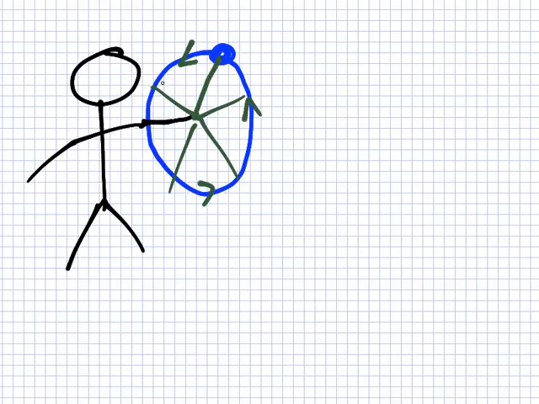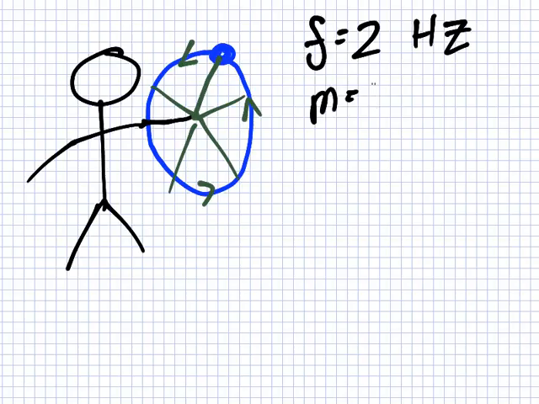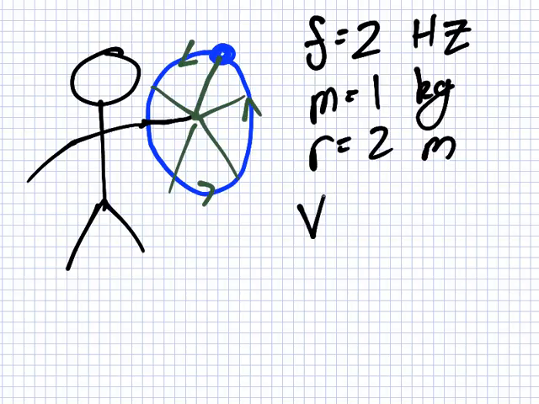What information do I tell you? I give you the frequency, 2 hertz. The mass is 1 kilogram, and the radius is 2 meters. And what do I want? I want the V, which equals omega r.